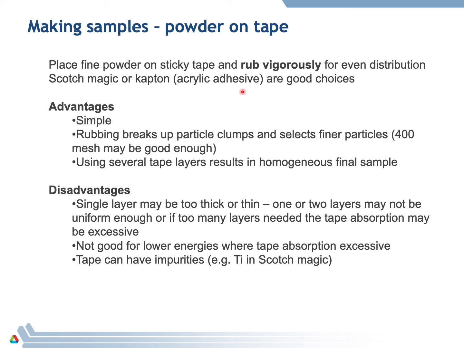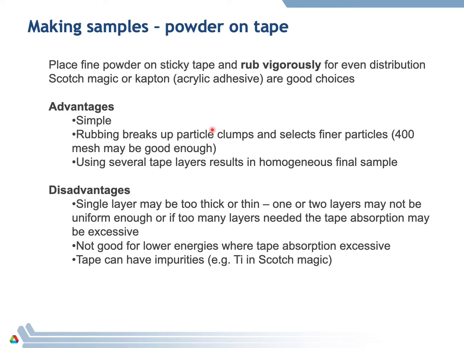Anyway, say you get a 400 mesh powder, which is fairly fine but still has some larger particles, and you rub it onto the tape. The trick is not just to rub it on once or twice, but to vigorously rub it into the tape. Maybe spend 30 seconds or a minute rubbing it on the tape. The rubbing can break up any clumps of particles, so it spreads out the particles.